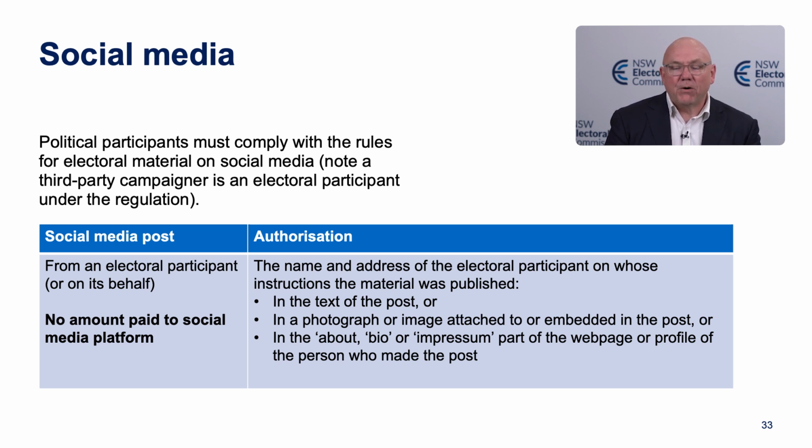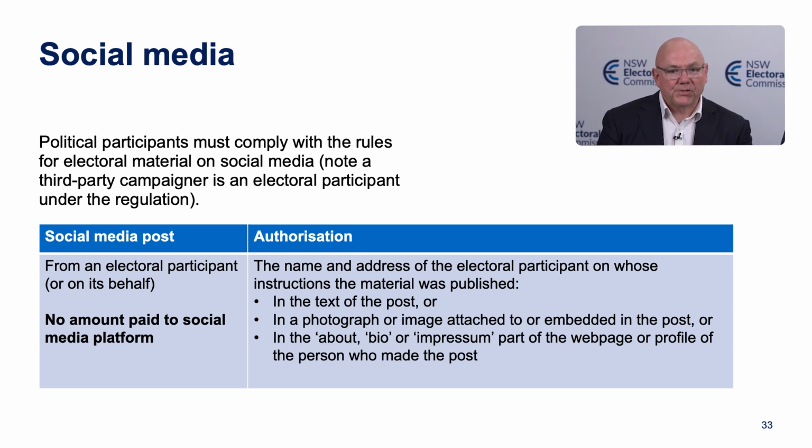So for instance, if no amount is paid to the social media platform, the name and address of the electoral participant on whose instructions the material was published must appear in the text of the post or in a photograph or image attached or embedded to the post, or in the About or the Bio section of the web page or social media page for the person's profile or that participant's profile who made the post.